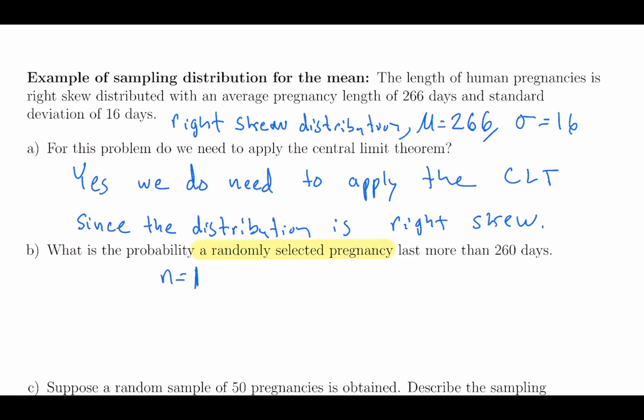No, because if you look at the central limit theorem, CLT, n has to be greater than or equal to 30 to say it is approximately normal.